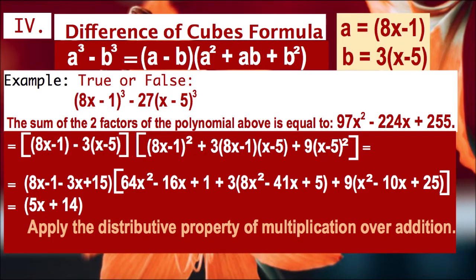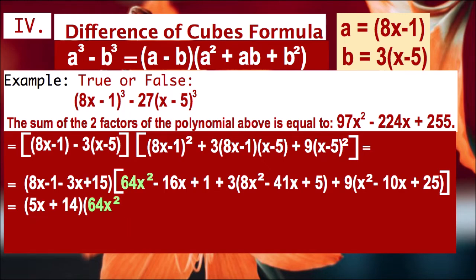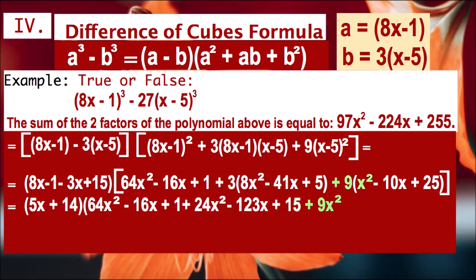And then in our larger bracket, we need to apply the distributive property of multiplication over addition. So 64x squared minus 16x plus 1 plus 24x squared, 3 times 8x squared, minus 123x, 3 times negative 41x, plus 15, 3 times 5, plus 9x squared, minus 90x, plus 225.